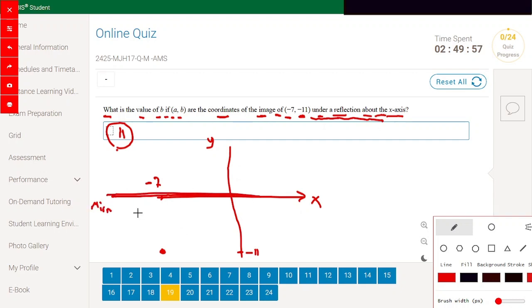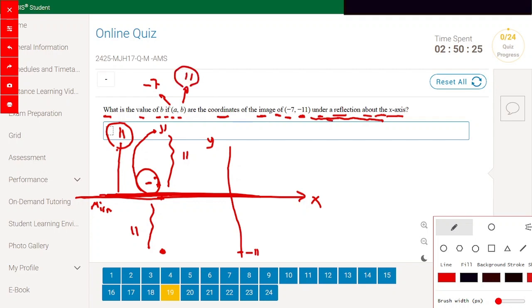How far is this point from the mirror? It's 11 units. So the reflection will also be 11 units from this axis, which is the mirror. So the B value is 11 and the A value is -7. If we ask for A, it will be -7. For B, it's 11 because I'm doing the reflection about the x-axis.